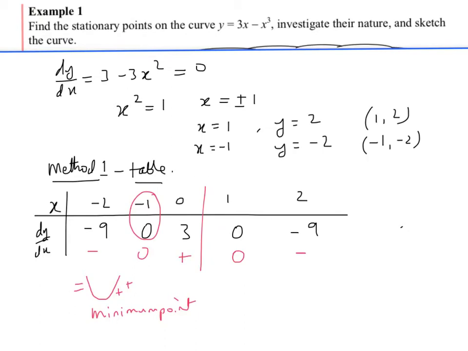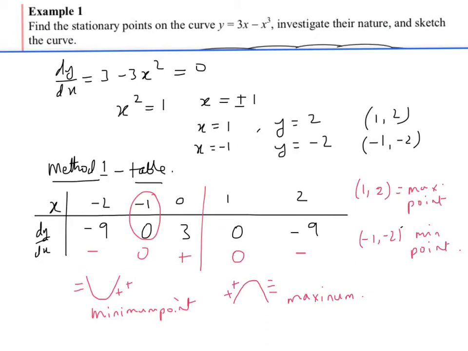So on either side it changes, so that means it probably looks something like that. So it's positive first, then on the other side it's negative, therefore this point here must be a maximum. Okay, so we can therefore conclude that (1, 2) is a maximum point, and (minus 1, minus 2) is a minimum point.